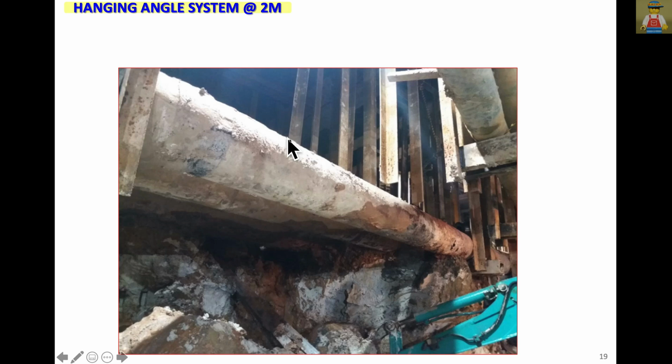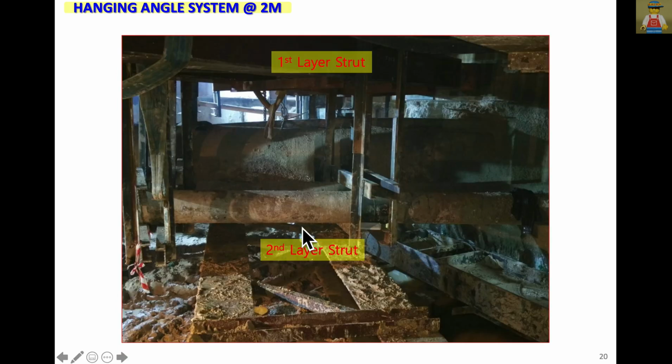So before that, there is soil. We couldn't expose all. Then we support. We install the angle above. Then later on we continue extending the angles. The first layer strut and the second layer strut, in between there are utilities.